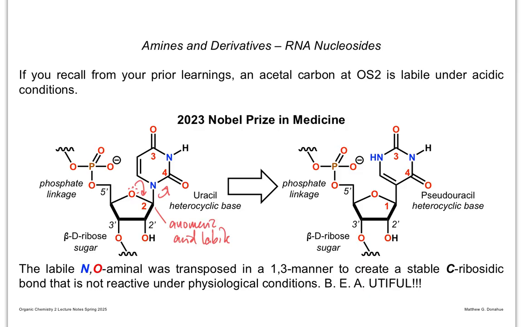So essentially what they did, and I'll draw it in green here, is get rid of that instability from the anomeric center. They took that position, moved it up there, took that carbon and moved it down. And so now there, it's a carbon.